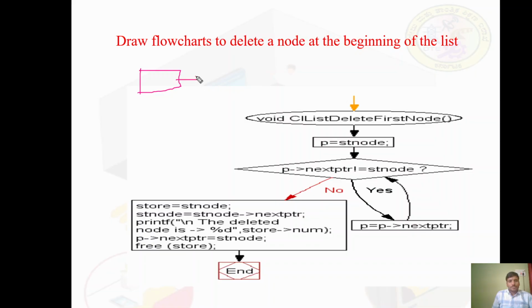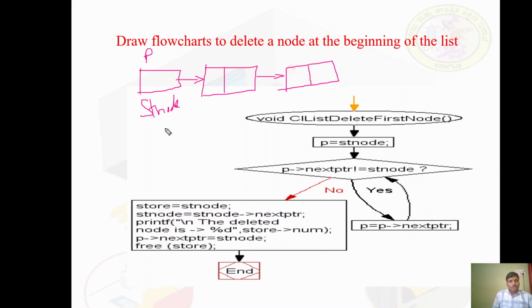Consider this is our list. So this is the pointer which is pointing to the first node.